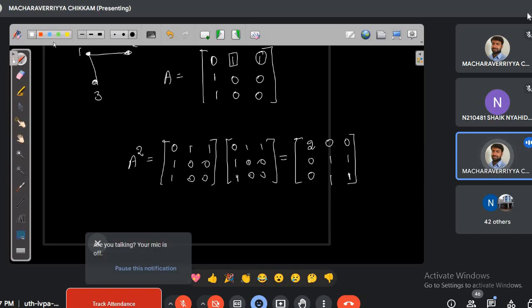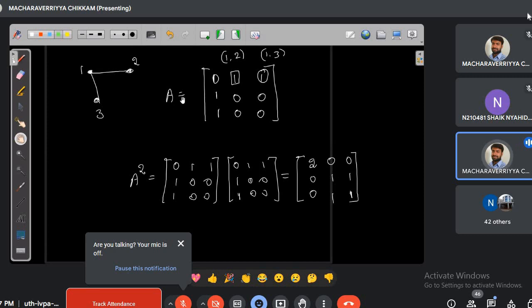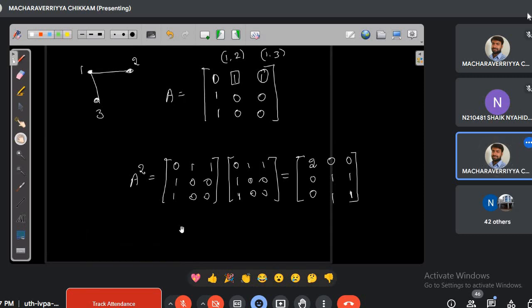Now let me look at the entries of A square. The entries of A square are this. Now how are these entries connected with the graph? Okay, so now let me look at the first entry. Here the first entry is 2. It is talking about vertex 1 connected with 1.